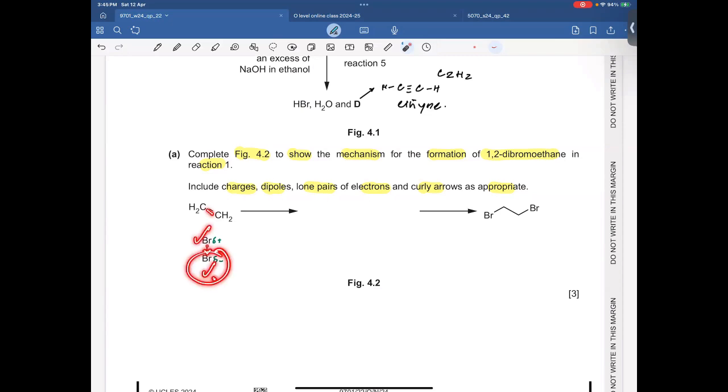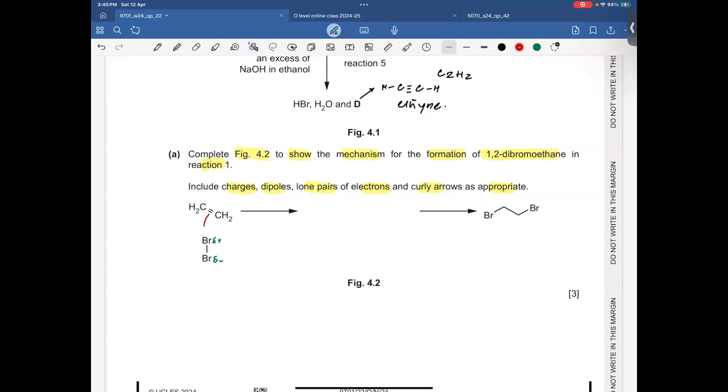This bromine becomes electron deficient, so it carries slight positive charge. What I was saying is that this is the bonded pair of the bromine molecule, right? When it experiences repulsion because of the pi bond, the pi bond pushes this bonded pair towards this bromine atom. I hope it makes sense to you.